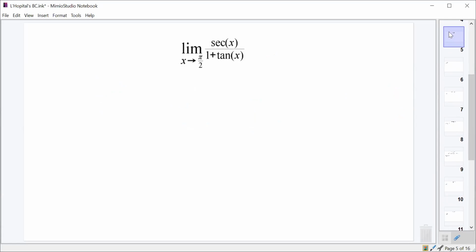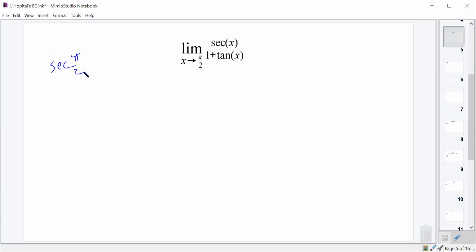All right, what about this one? The limit as x approaches pi over 2 of secant over 1 plus tangent. So what happens if I plug in pi over 2 to secant x? That's the secant of pi over 2, right?